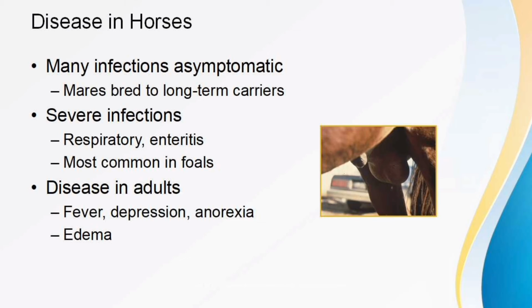Conjunctivitis, photophobia, periorbital or supraorbital edema, and rhinitis can also be seen. Some horses develop urticaria, and the hives may be localized to the head or neck, but are sometimes generalized.